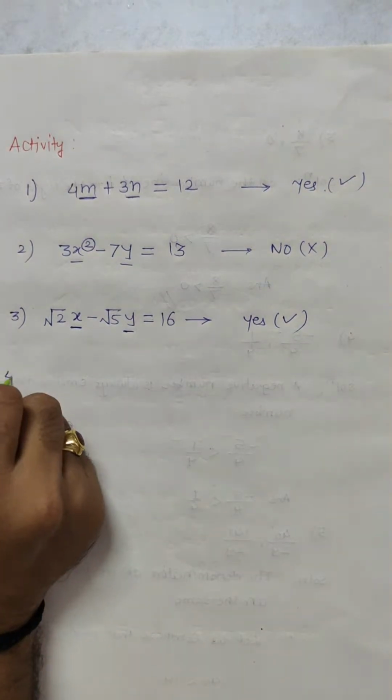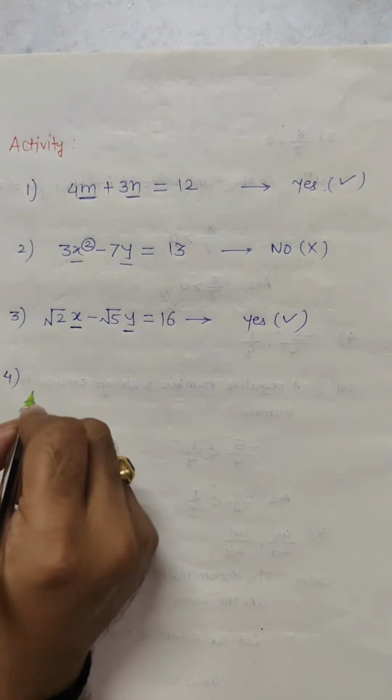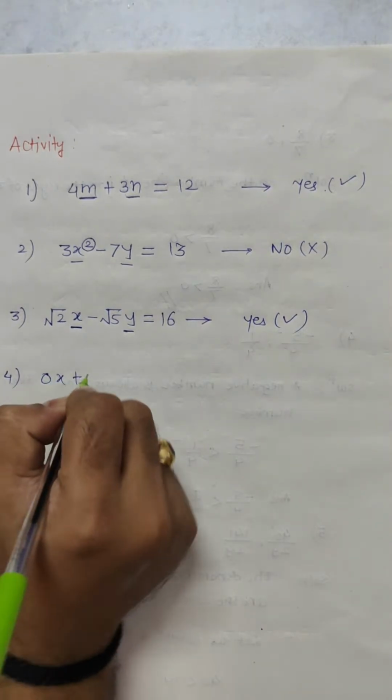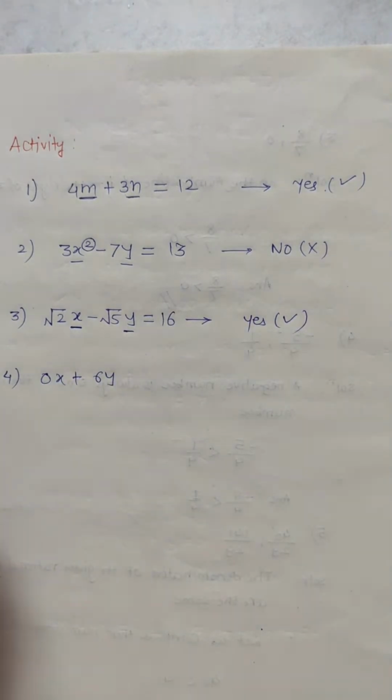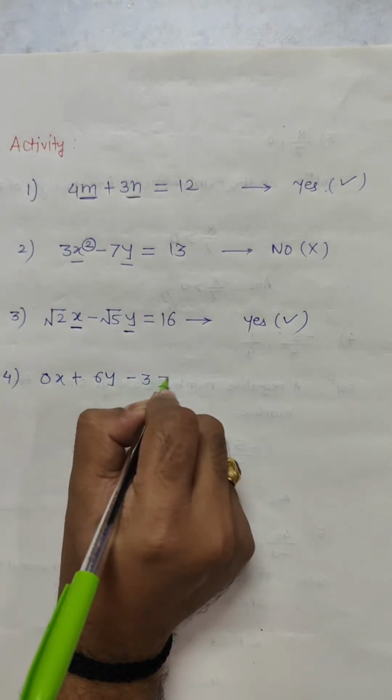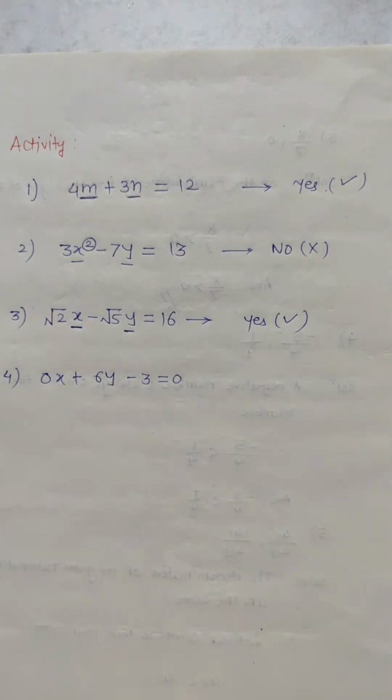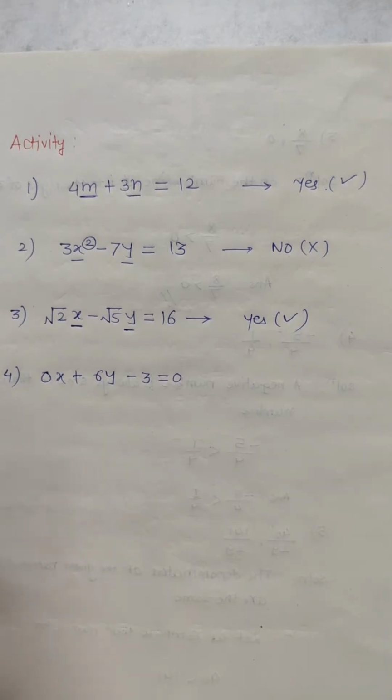Third thing, fourth example. Suppose 0x plus 6y minus 3 is equal to 0. Is this a linear equation in two variables? Here one condition is given to you: in a linear equation in two variables, a, b, c are the coefficients and they must be real numbers.